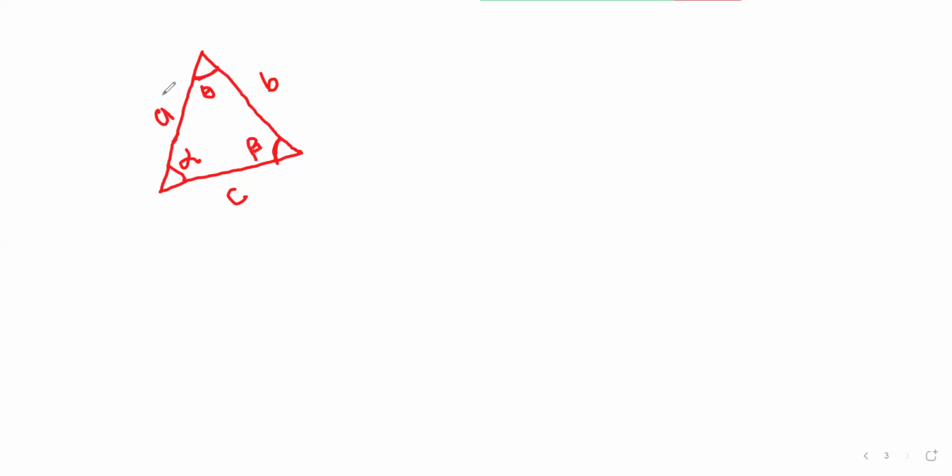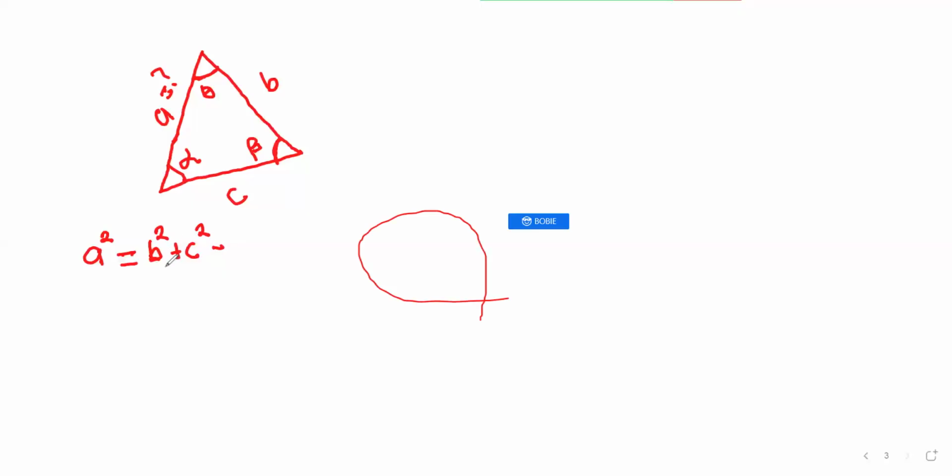If I want to determine the value of the side A, the cosine rule says that A squared is equal to the sum of the squares of the other two sides, B squared plus C squared, minus 2 times the product of B and C, 2BC, times the cosine of the angle opposite to the side A. Class, what interior angle is opposite to A?